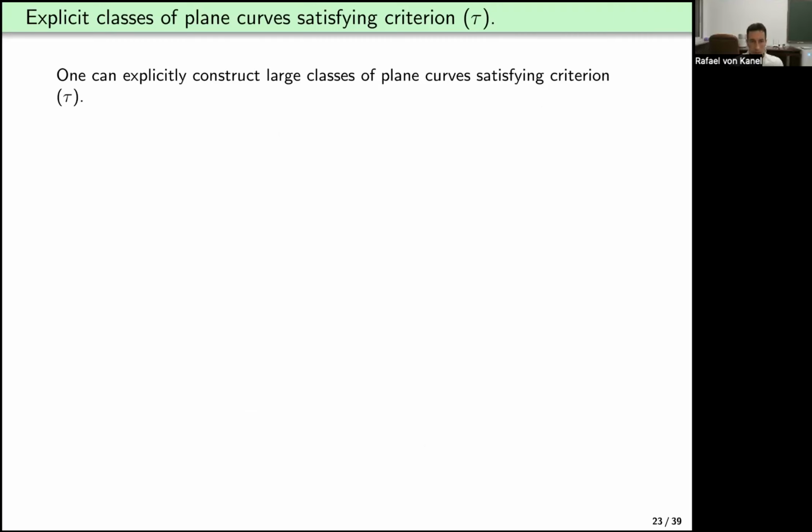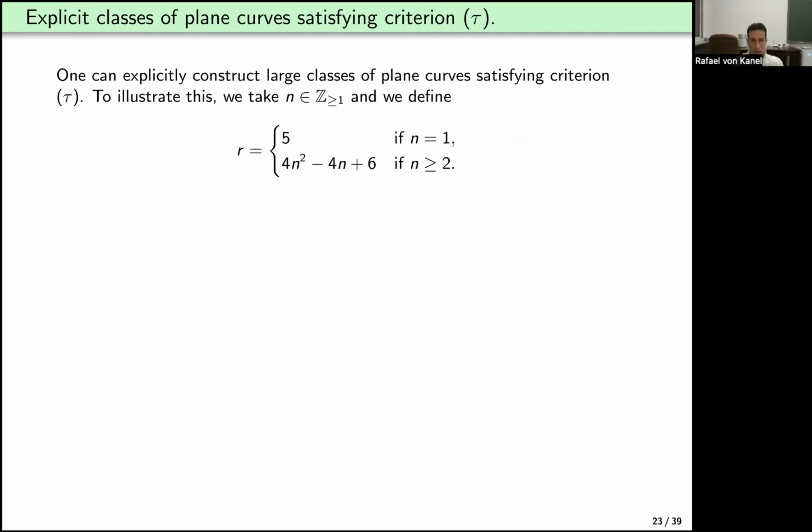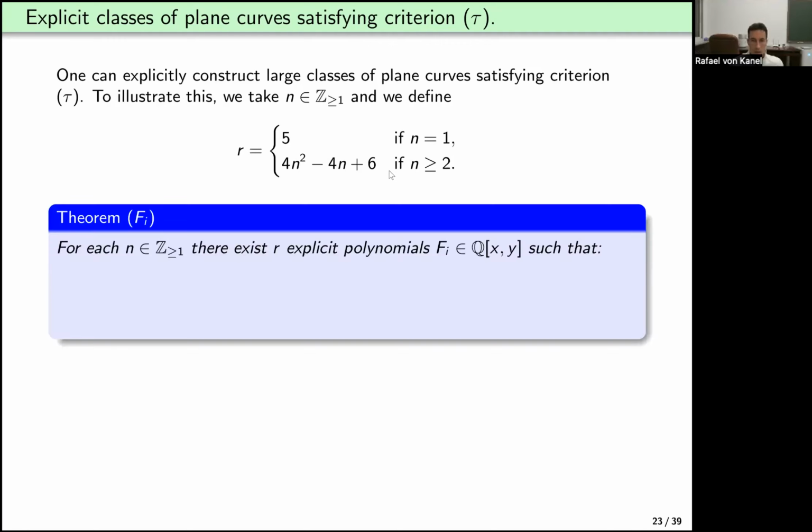Now the advantage of this criterion is that we can actually construct large classes. For this, we take an n, and we define a number r, which is 5 when n is 1, and which is of this polynomial form here if n is greater or equal than 2. Then we obtain the following theorem.